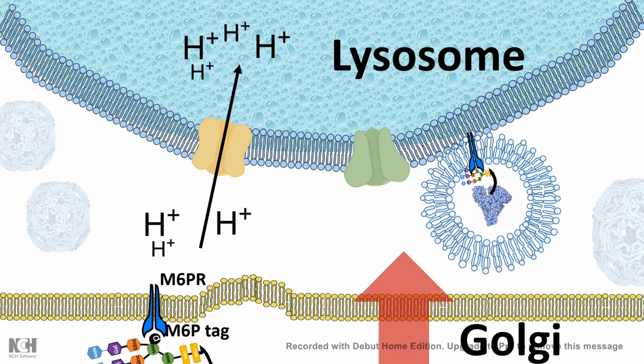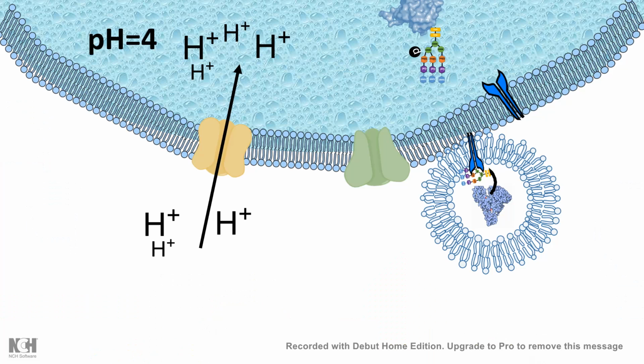Inside the lysosome, the pH is different because the lysosome also has proton pumps that are always pumping in protons, making the lysosomal interior a lot more acidic. In this acidic environment, the interaction between the mannose 6 phosphate receptor and the mannose 6 phosphate signal is broken.